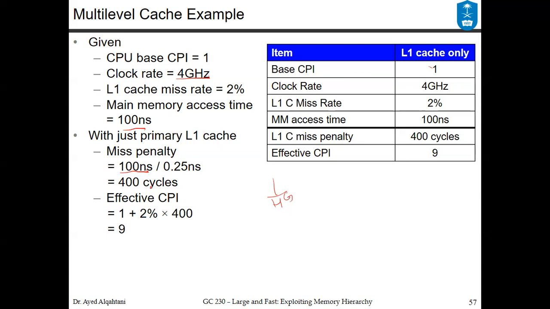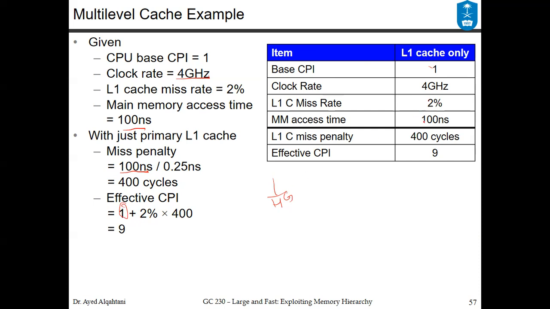If you are accessing the main memory, then the level 1 cache miss penalty is 400 cycles in case you missed from the level 1 cache, and this way you need to go to the main memory. So now the effective CPI is the base CPI, or the ideal CPI, which is 1, plus the miss rate.